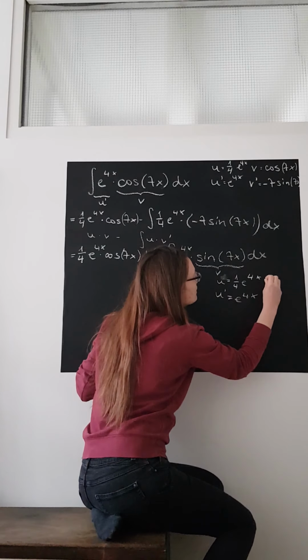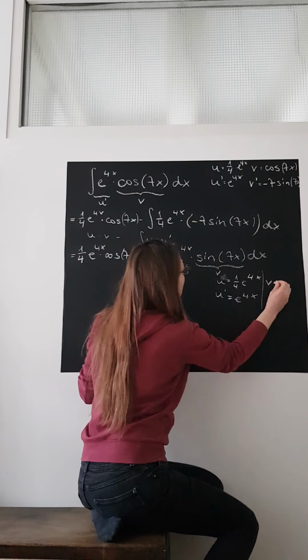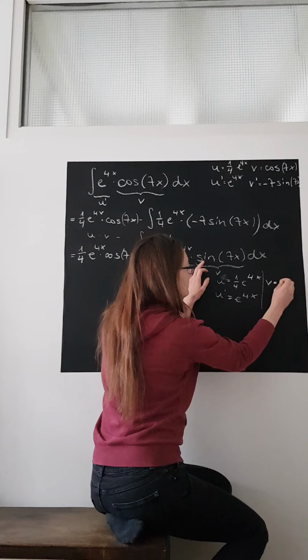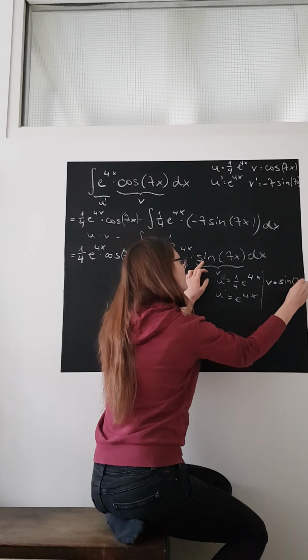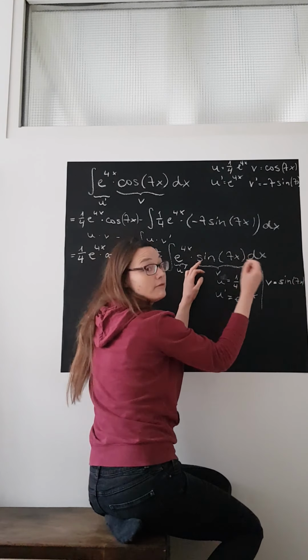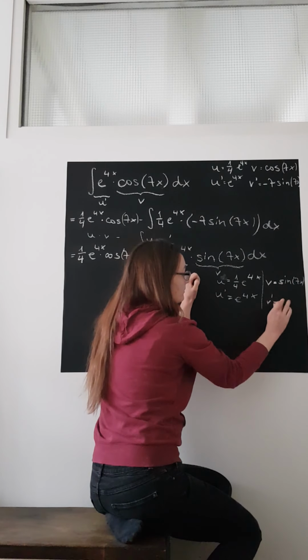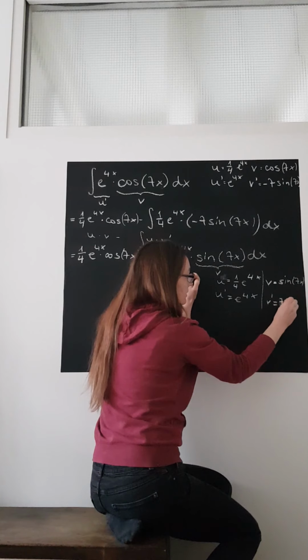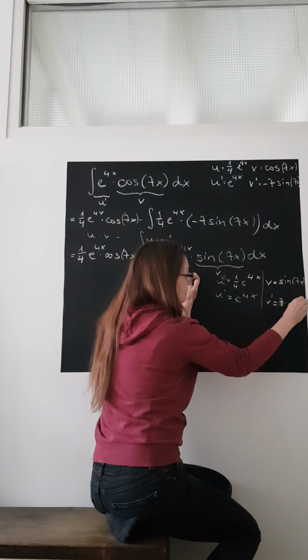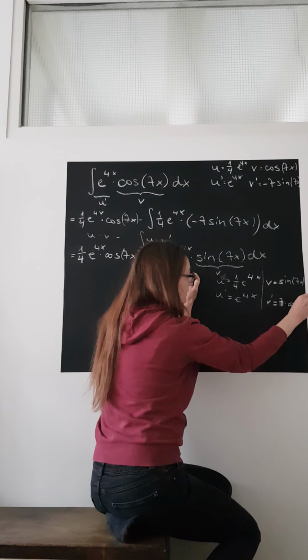And v is now sine of 7x, and v prime is 7 times cosine of 7x.